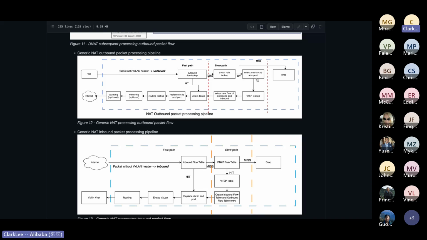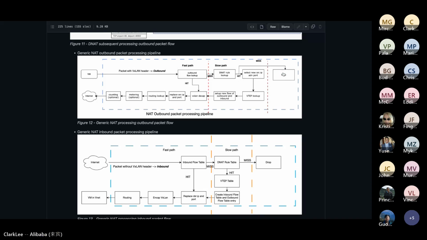We can take it as configured, but it's automatically managed by the software or some missing logic here. And then we do the VTAP lookup and set up the inbound and outbound flow table. And if we look up into the SNAT rule table and miss, this packet will be dropped.